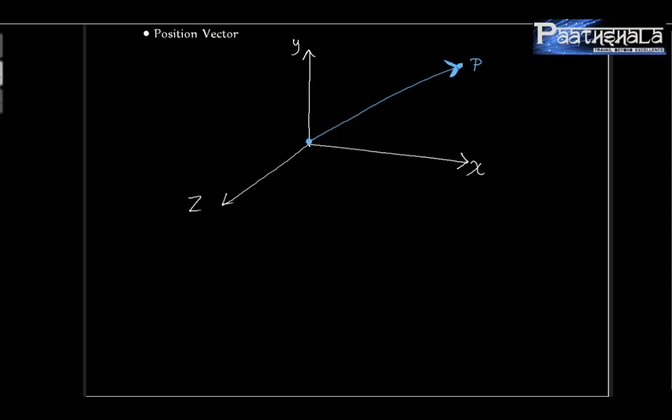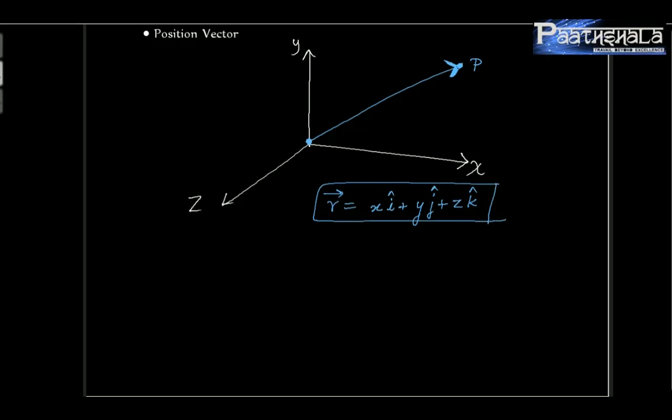We have seen in vectors that this vector can be represented as x i cap plus y j cap plus z k cap. This is r bar, or the position vector.